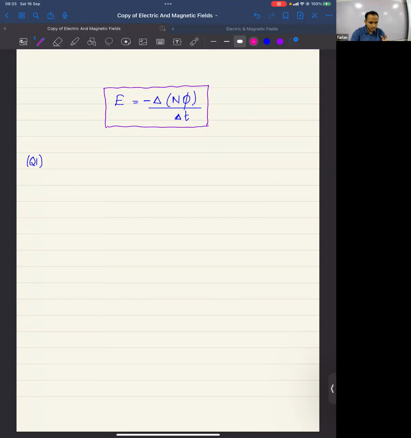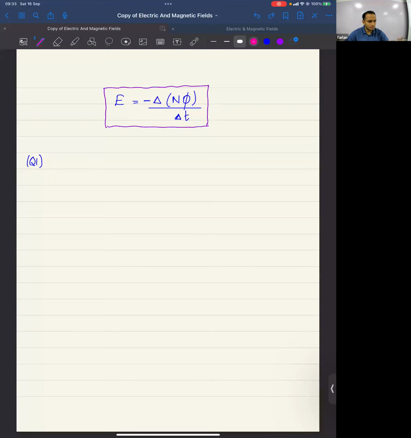What is this minus sign sitting here? Why is it minus? Direction. It's from Lenz's law. So Lenz's law says, guys, the EMF induced is in such a way to oppose the change causing it. I will explain it with an example.